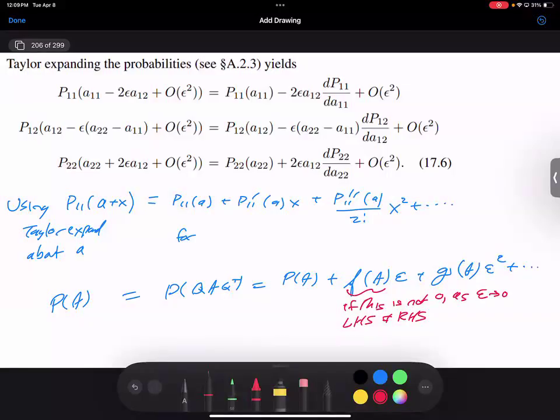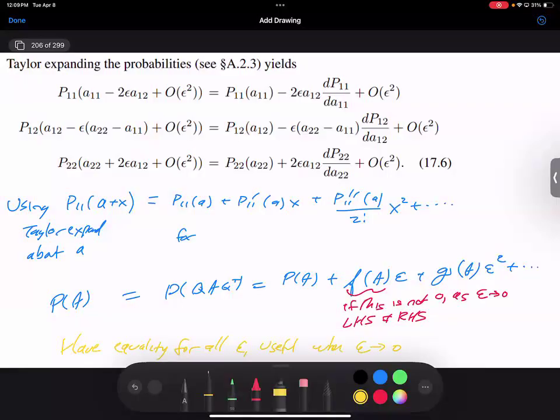And the third order can't help the second order. And the fourth order can't help the third order or the second order. They're all too small. So if the coefficient of epsilon is not zero, then as epsilon goes to zero, there's no way we can have equality. So we have equality for all epsilon, and it's useful when epsilon goes to zero.